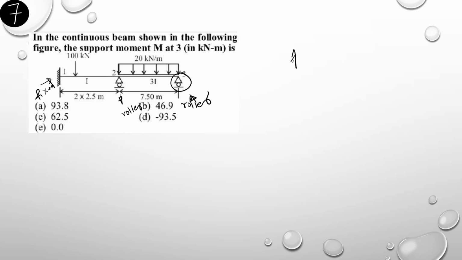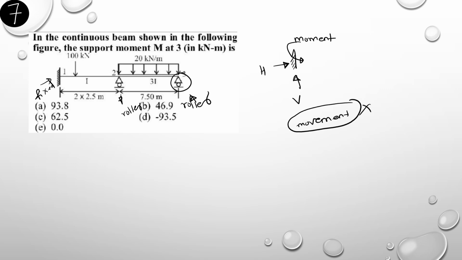In case of a fixed support, movement is prevented in the horizontal direction, also prevented in the vertical direction, and it is also restricted against rotation due to the rotational force acting on the beam at the fixed support. So it is restricted in these three.